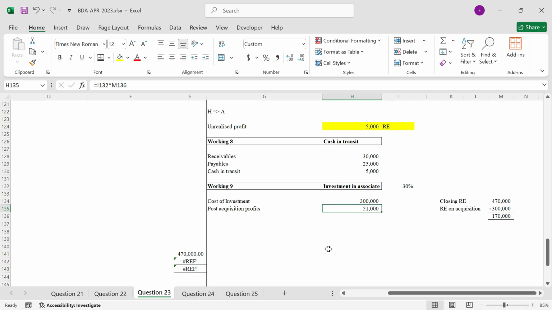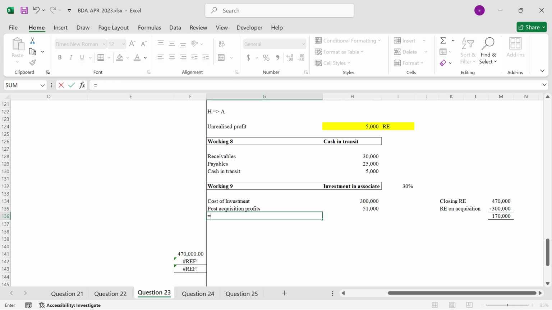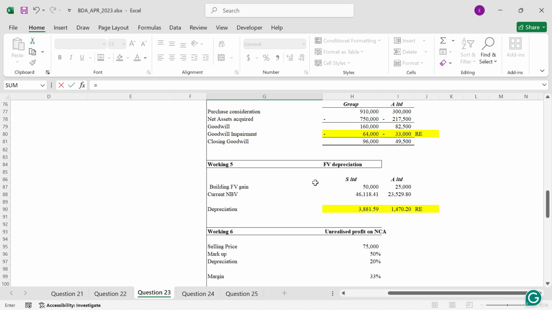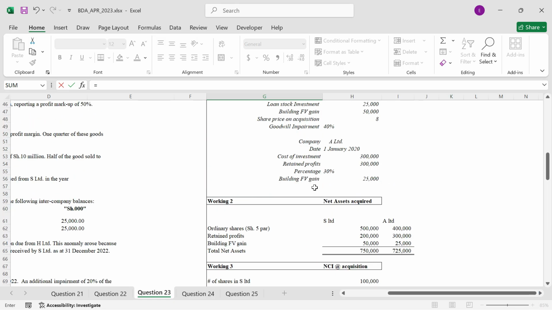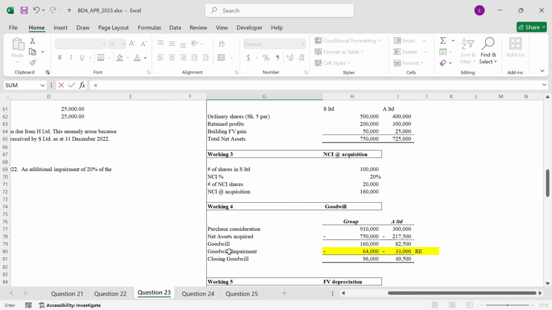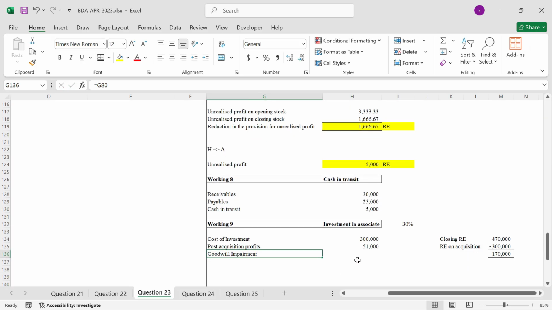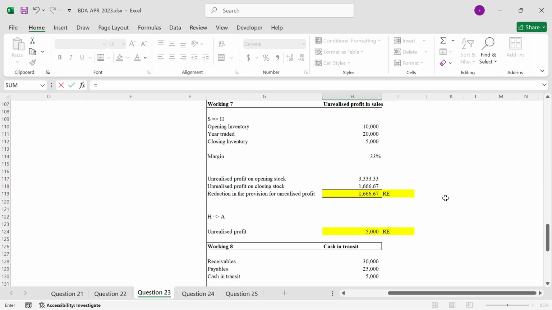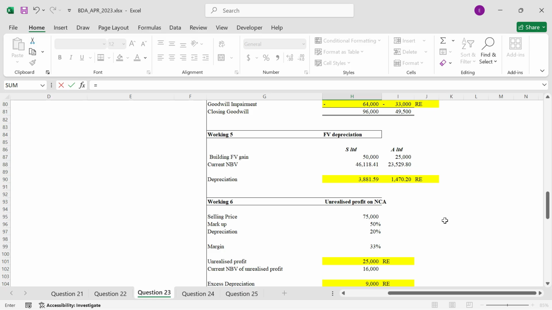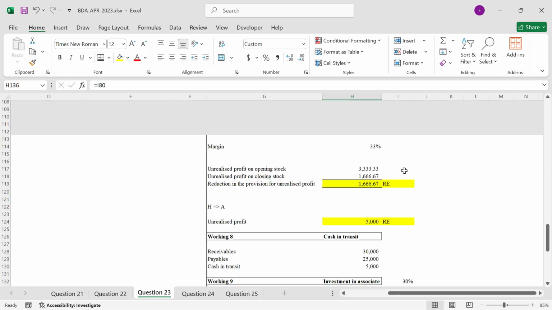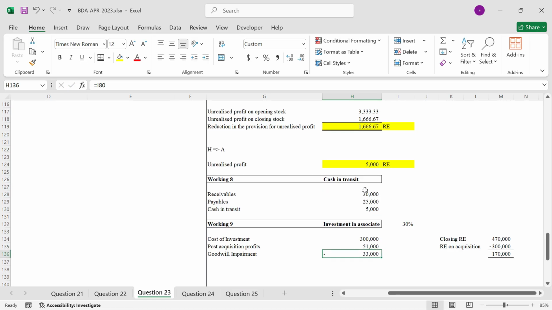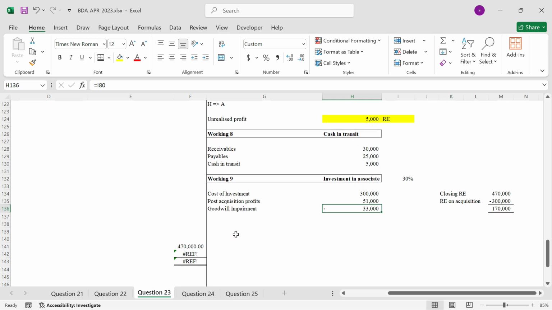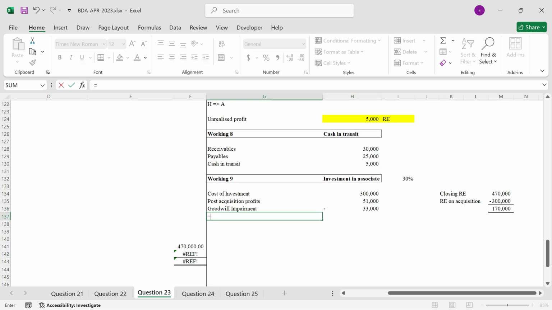More than that, we want to account for any other value that has affected my investment in associates. I remember I had a goodwill impairment here, an amount of 33. This amount had already been adjusted, so 90%, so we keep it in full. More than that, I have the fair value depreciation.